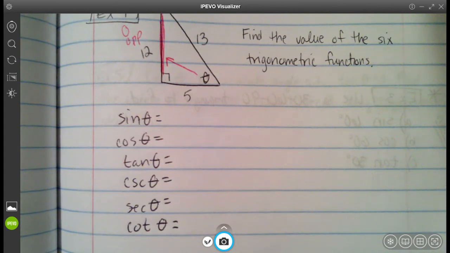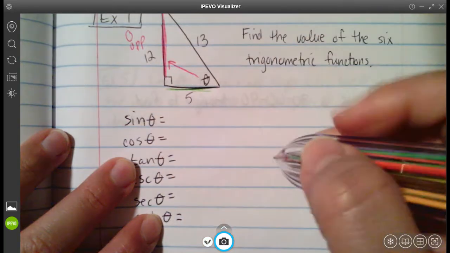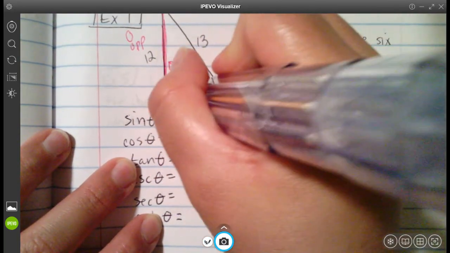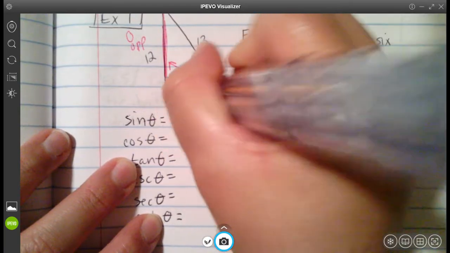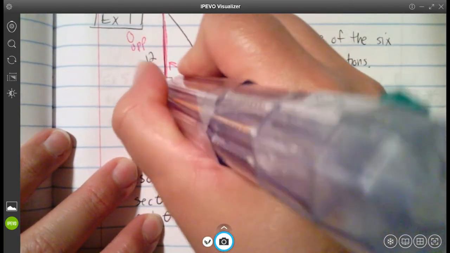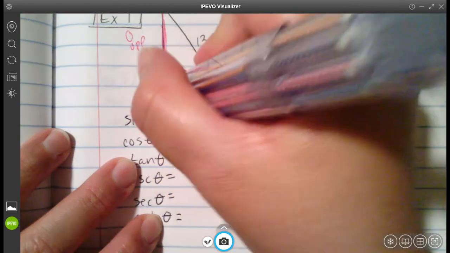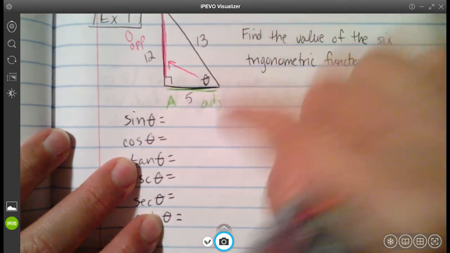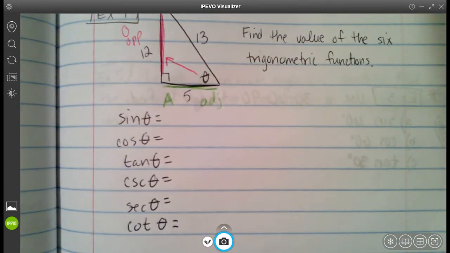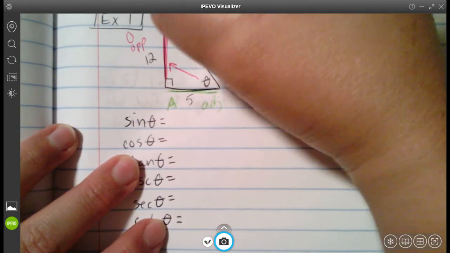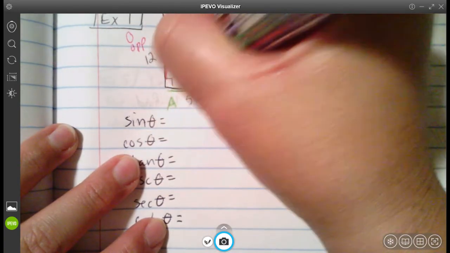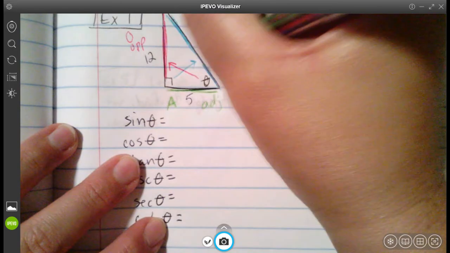Adjacent to the angle is the leg that's right next to it, alongside my angle, so I'm going to put ADJ, or just A. And finally, the hypotenuse is the longest side in a right triangle, the side that's always across from your right angle. This is my hypotenuse, or H.